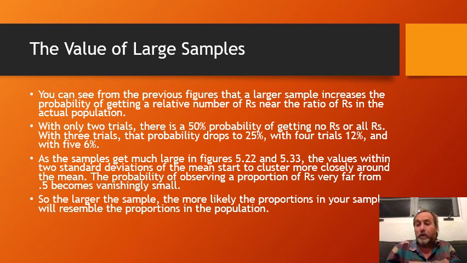With a trial of 100, the odds of getting no R's are tiny, and I have a pretty good chance that my outcome is going to be pretty close to 0.5. Maybe it'll be 0.45 or 0.55, but it's going to be close.